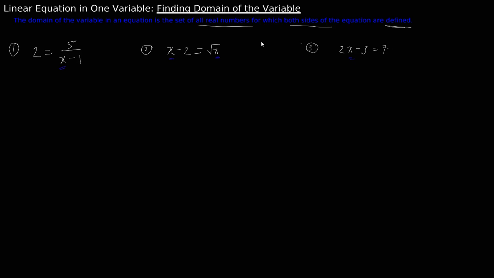Okay, so let us first try to find the first one. For the number 1 equation, let us see the left hand side. Now the left hand side I have only a number 2. Now number 2 is always defined no matter whatever the x value is, so we are fine in left hand side. Now let's look at the right hand side.